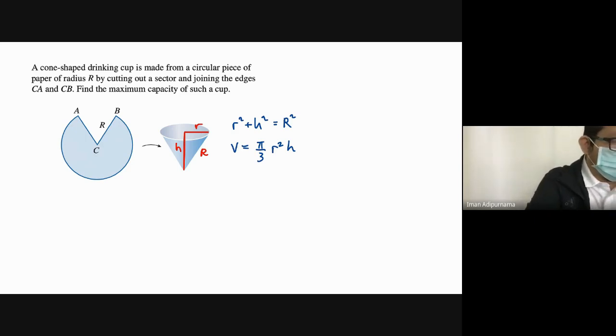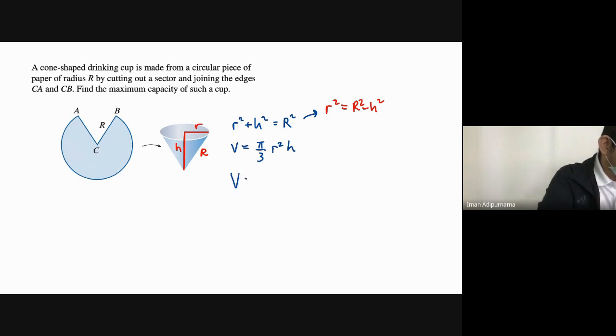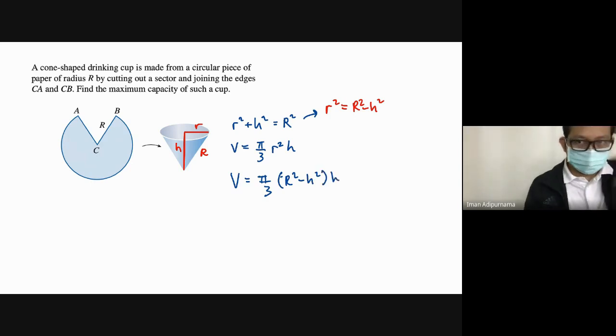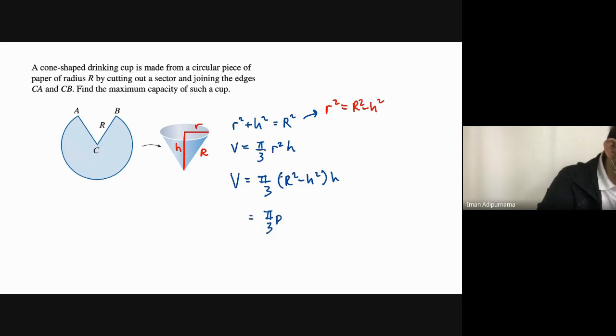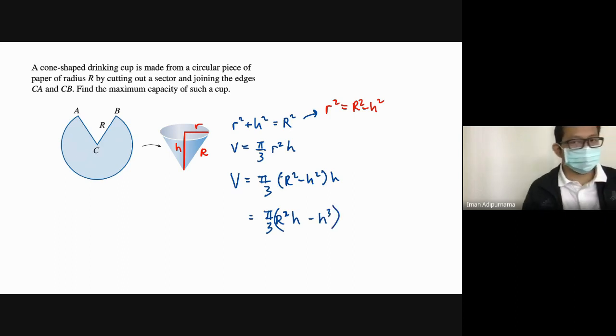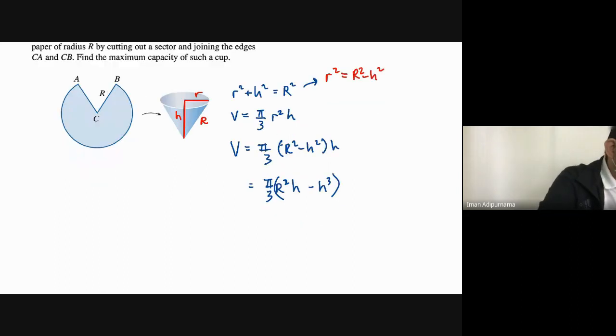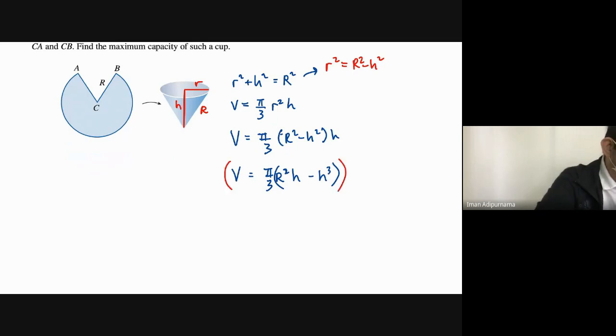Now we can change this into r squared equals R squared minus h squared, so that we can have pi over 3 times the expression, and we can solve this. So this will be our volume function.